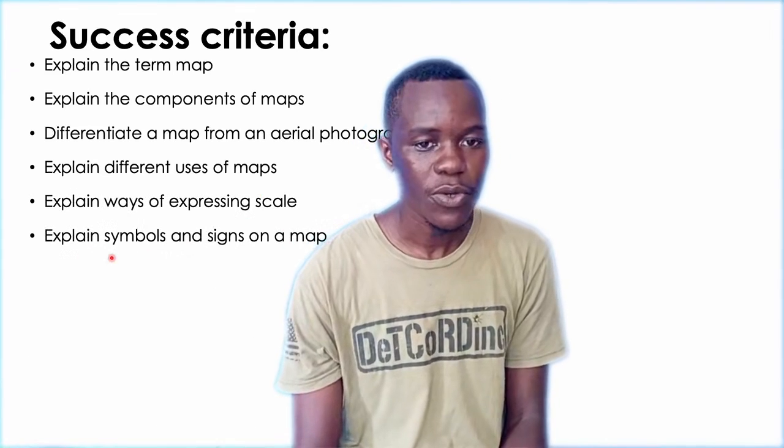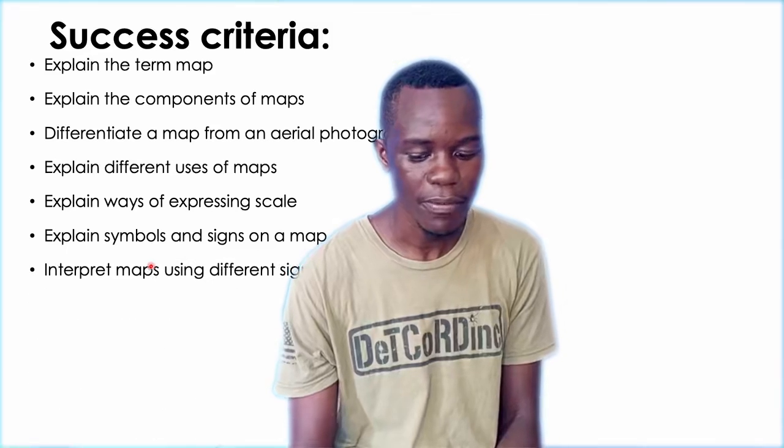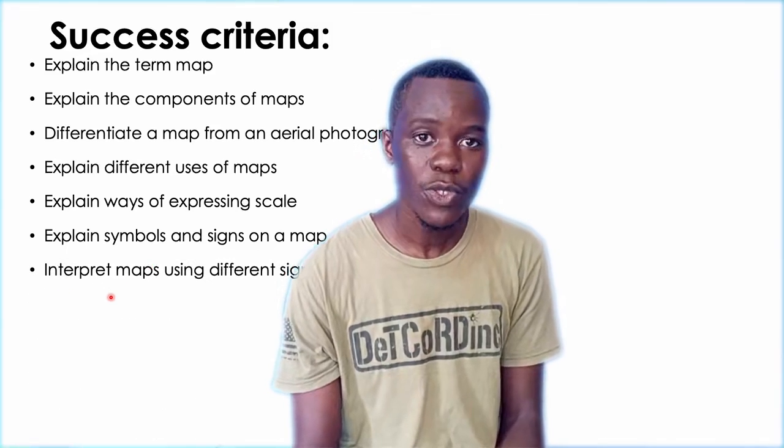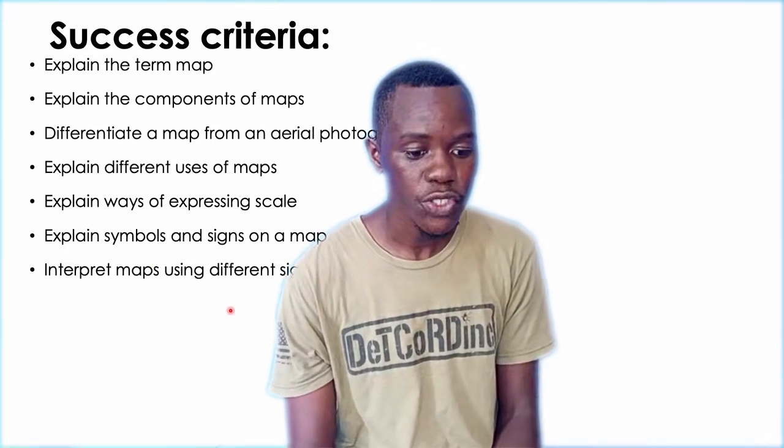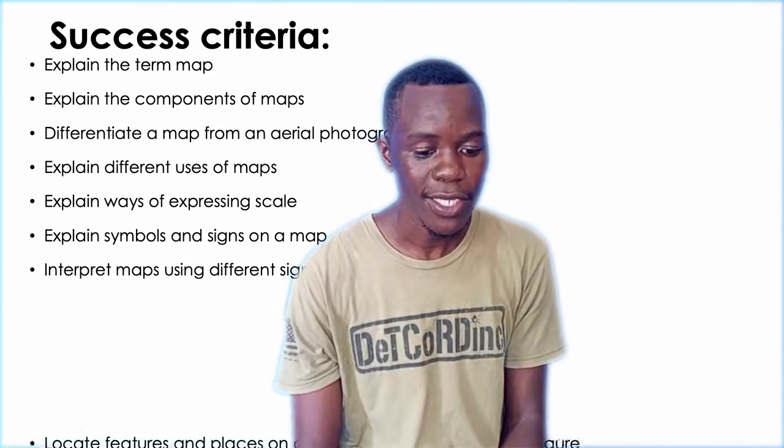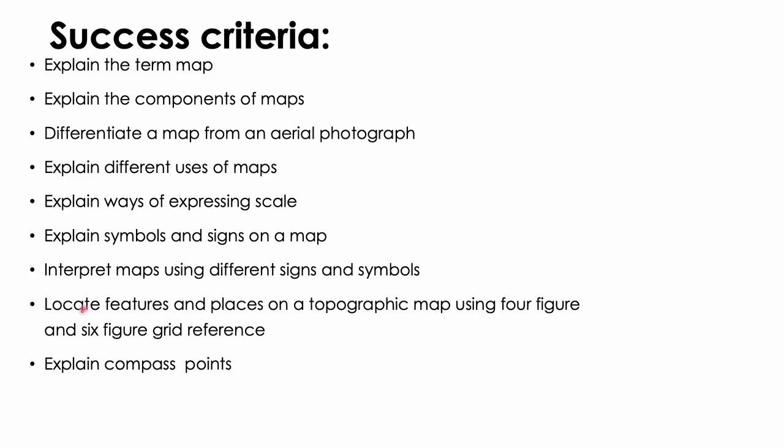We're also going to learn the symbols and signs on a map. We're also going to interpret maps using different signs and symbols. We're also going to locate features and places on a topographic map using 4-figure and 6-figure grid reference. And we're also going to explain the compass point, and lastly we're going to look at the true north, magnetic north, and grid north.